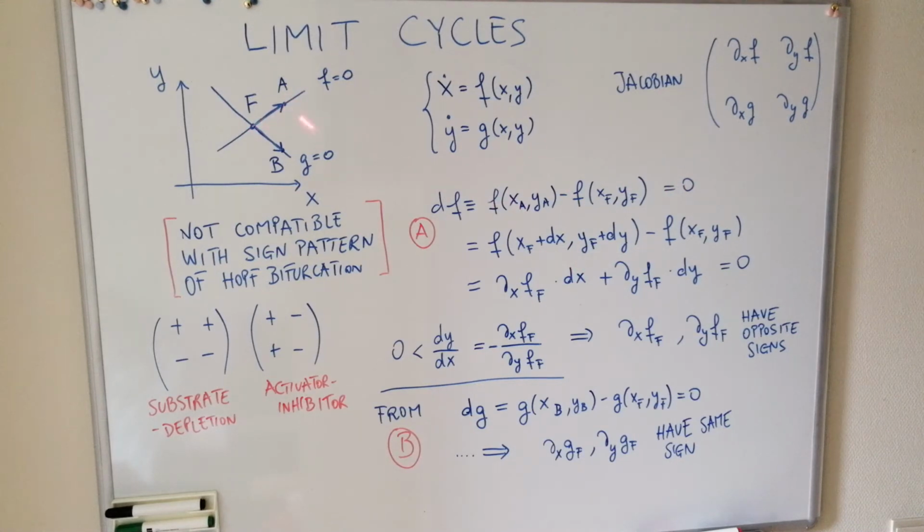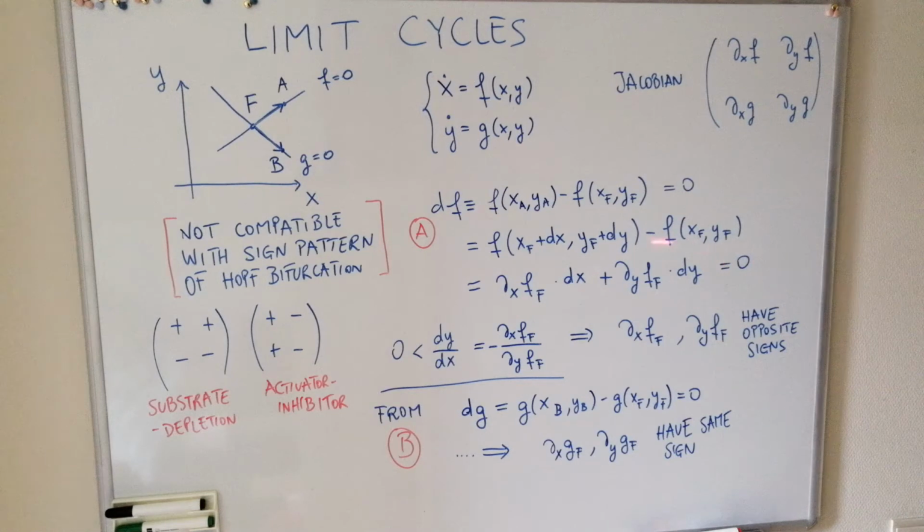But if this is infinitesimal, x of A can be written as x of F plus an infinitesimal increment, and y the same. So we have the following expression, we develop at the first order. We get the partial derivatives of the function f calculated at the fixed point, with respect to x and with respect to y, multiplied each by dx and dy, which are the increments. So dx is the x coordinate of A minus the x coordinate of F, dy is the y coordinate of A minus the y coordinate of F. And this has to be equal to 0.